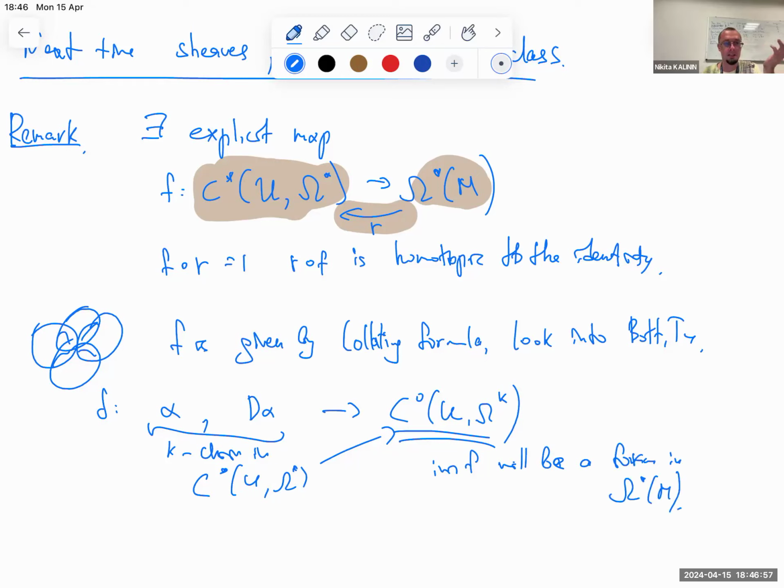Well, there is an explicit formula, so if you want, you can just look there, but we will not discuss it. And then you can prove this formula works.